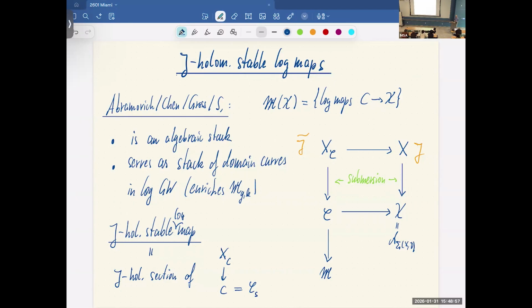What do you mean? Say it again. No, this one isn't. Wait, this thing here is all algebraic. This one isn't. But this map is smooth. This is an algebraic stack. Oh, sorry, maybe I should have written M of X here.